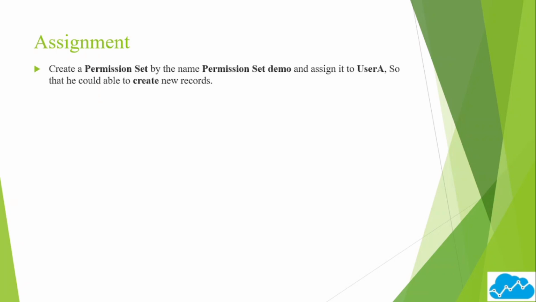If user A wants to create a record and that access is not provided by the profile level, simply what we have to do is create a permission set and assign it to user A. So let's do it in the practical.